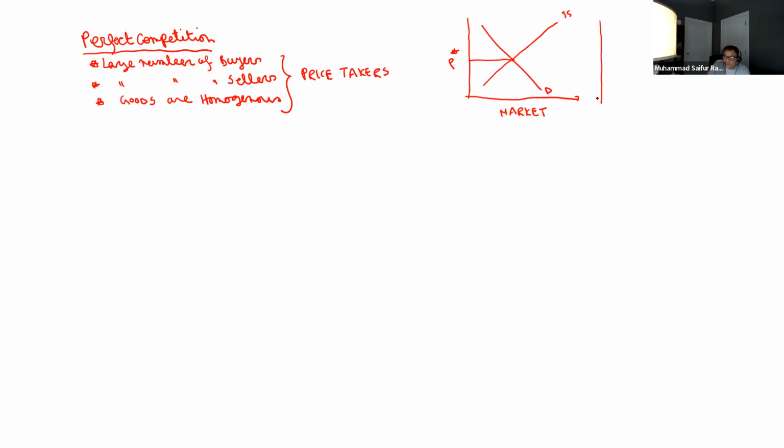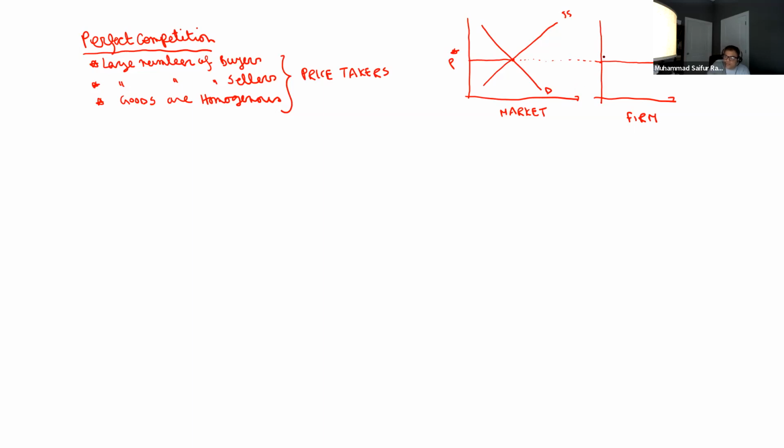But when it comes to an individual firm, the demand curve our firm faces at that price level is going to be a horizontal line. So as a result of the assumptions that we have imposed, the market demand curve is going to be downward sloping and the individual demand curve is going to be a horizontal line.